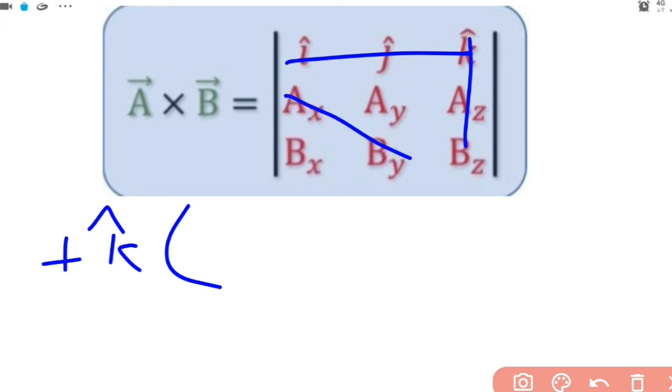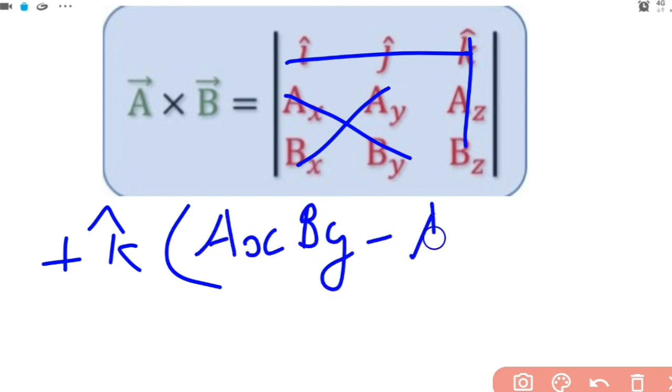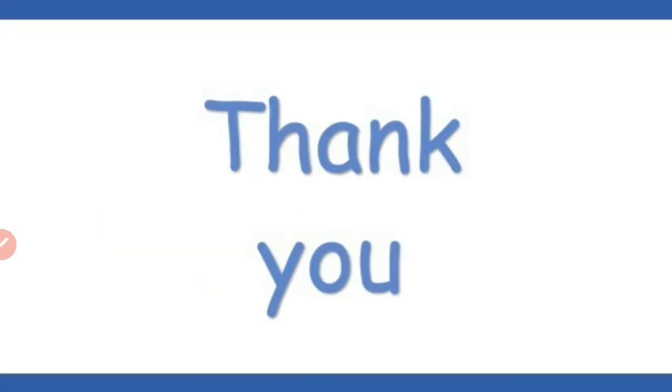So ax by minus ay bx. So that is the third term. So this is how you can take the cross product in the cyclic order or in the simple way. With that, we wind up today's lesson. Thank you.